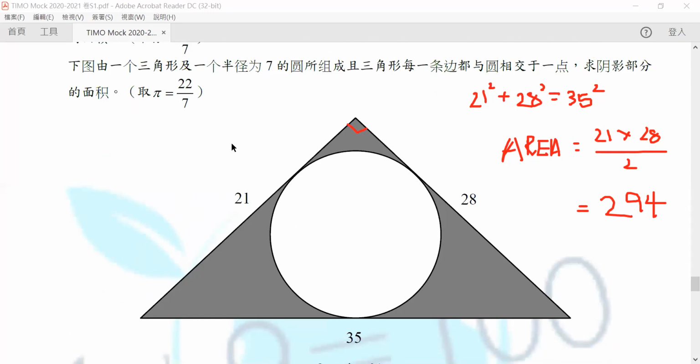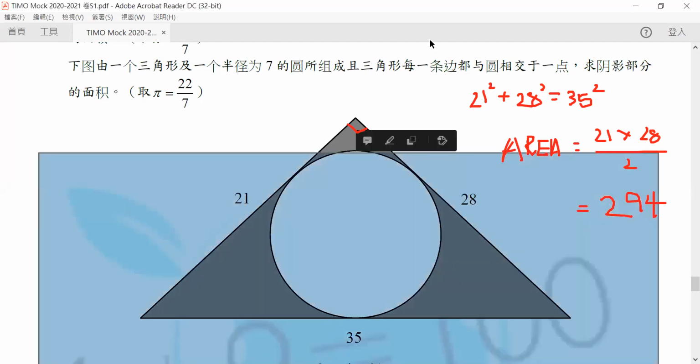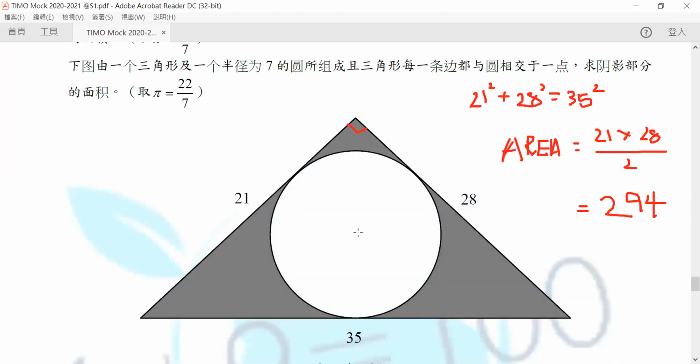Now, this is a circle, and a circle that touches the triangle. What does that mean? Yeah, the radius. How can we calculate the radius? There are many ways to calculate it.